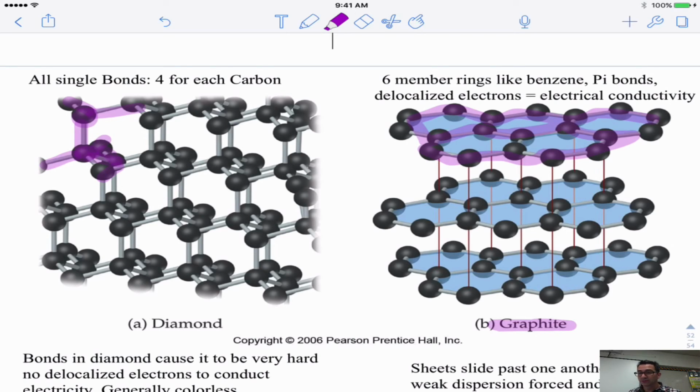Now graphite also, something cool about it is that between the different sheets here, there are what is known as delocalized, and we've used that term before, delocalized pi-bonded electrons. Those electrons can move, and so people can use graphite, this covalently bonded compound, for electrical conductivity.